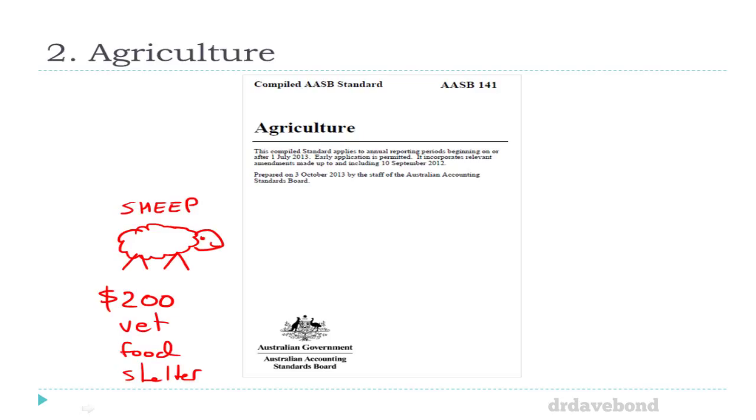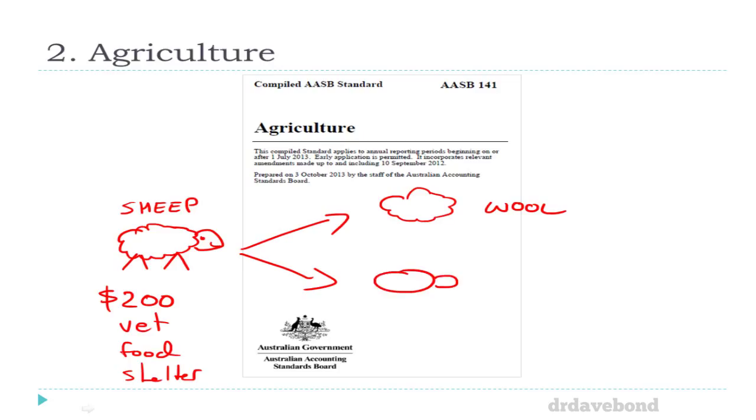Now, this is a sheep being used for wool, not for meat, because that would be a slightly different scenario. So the sheep gets shorn, and we have wool, and we end up with a slightly cold-looking sheep. My question to you is about what we know about assets.